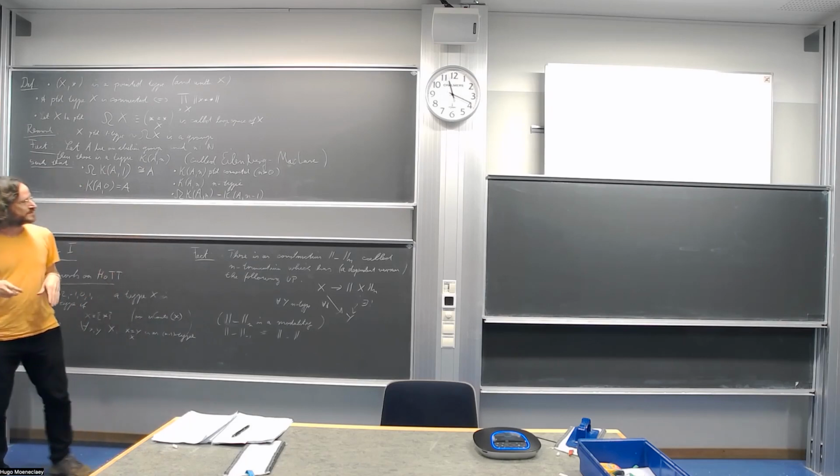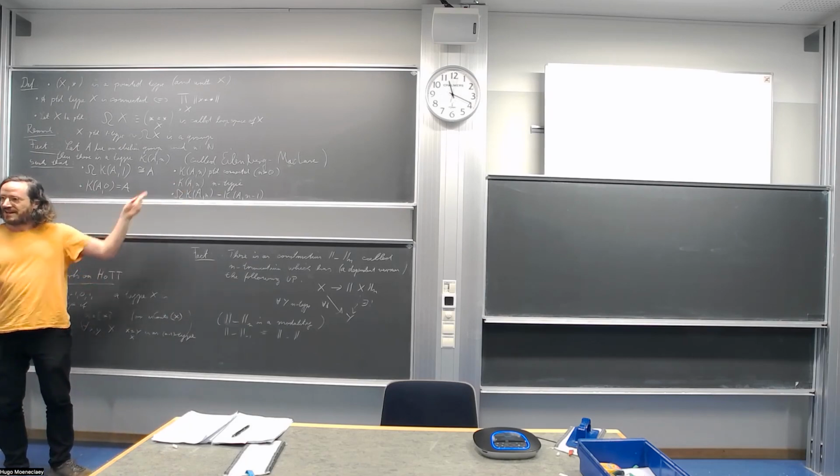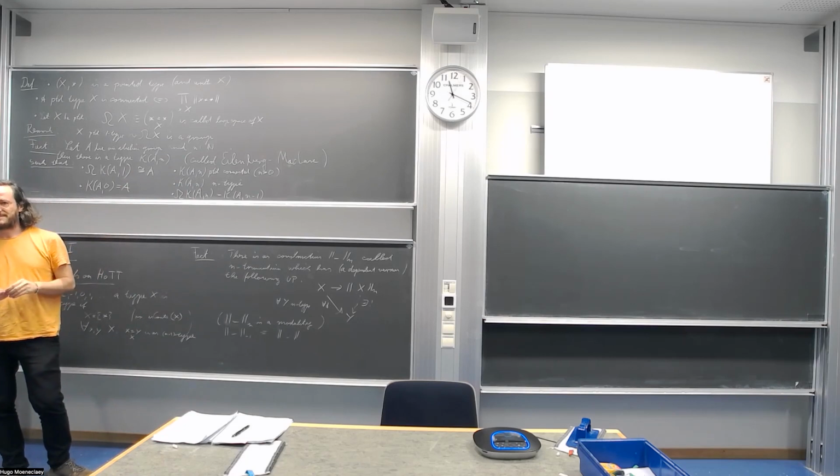And the spaces you need to represent cohomology with coefficients in some group A are these Eilenberg-MacLane spaces.